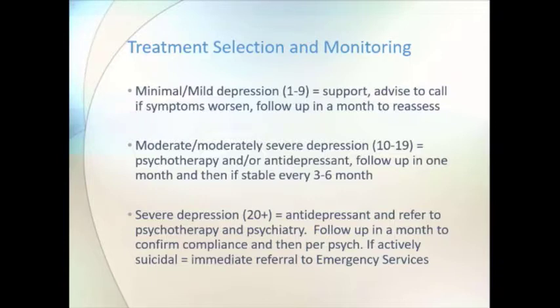We typically would follow up in a month, particularly if we started a medication, to make sure that they're taking it and that it's effective. And then if and when things appear stable, stretch that out to every 3 to 6 months. For severe depression, we typically start an antidepressant and refer them for both counseling and psychiatry, again, assuming that we can get them in.